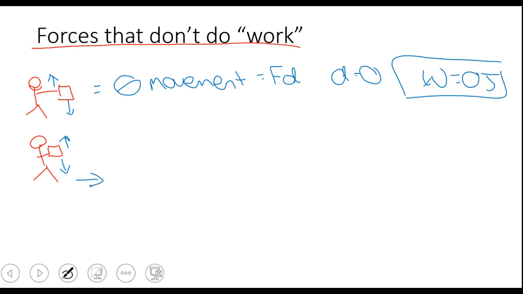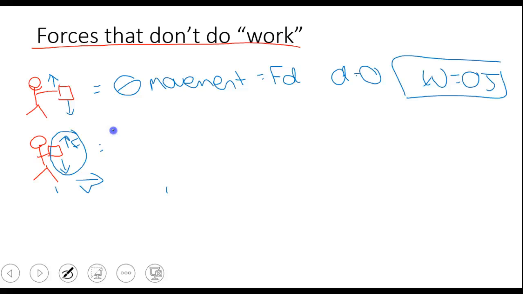Even though the box is moving to the right, if the box is my system, how much work is done on the box? Well, none, because the force I'm applying is not in the same direction as the velocity in which I'm moving. So while the box goes from point A to point B, it's not in the same direction as the force, so I can't count it.